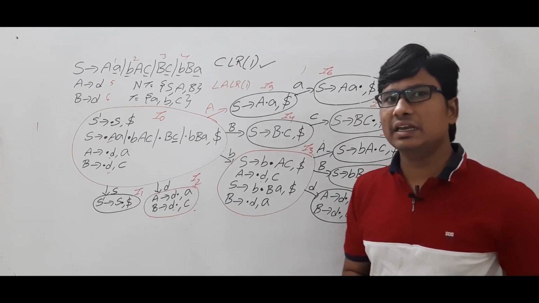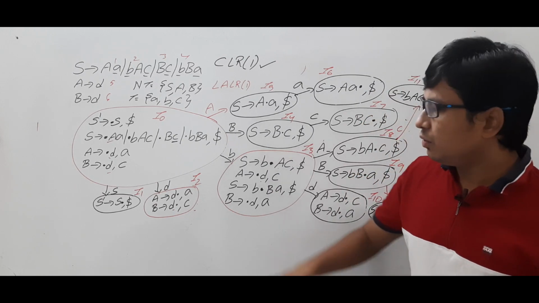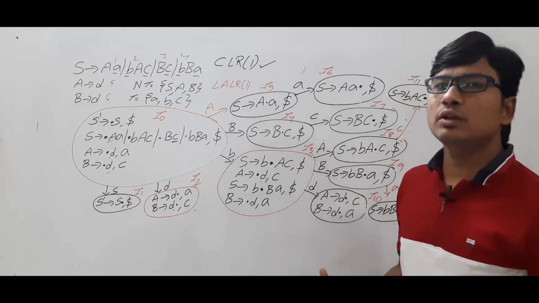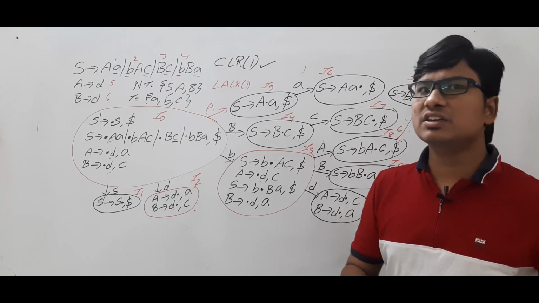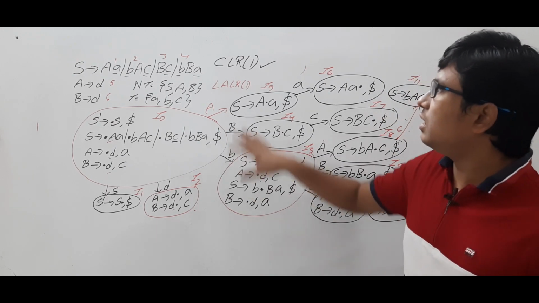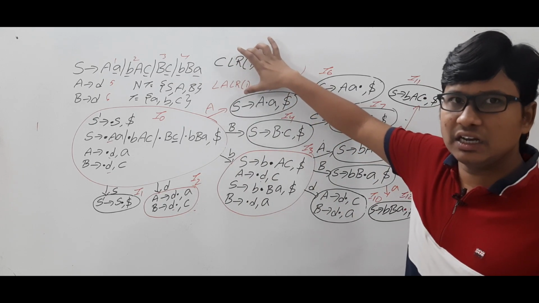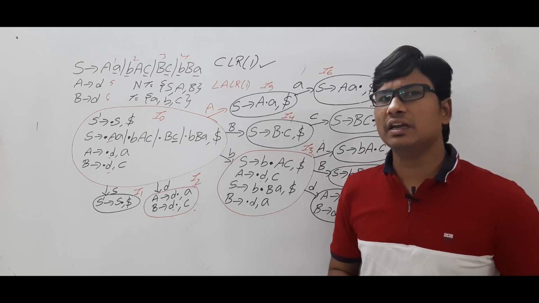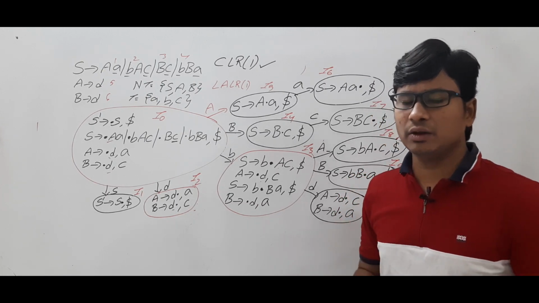Now to check LALR1, we need to check whether any two items have the same productions and different lookaheads. If you do not find anything, then the number of entries in the CLR1 will be equal to LALR1. How did we construct the LALR1 table from the CLR1?